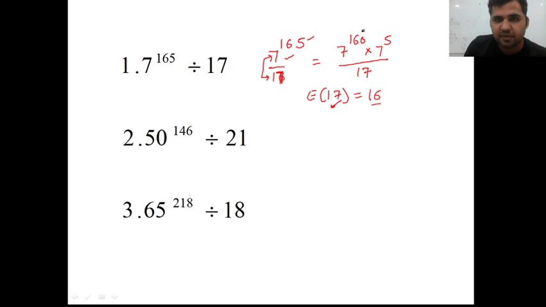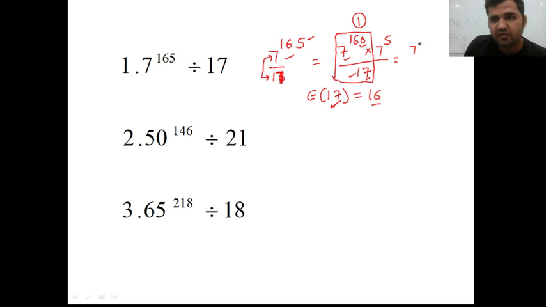Now, 7 power 160 when divided by 17, you can apply the Euler remainder theorem here. 7 and 17 are co-prime. The Euler number of 17 is 16 and this power is a multiple of 16, right? So this part will give you a remainder of 1. So what you will be left with is 7 power 5.